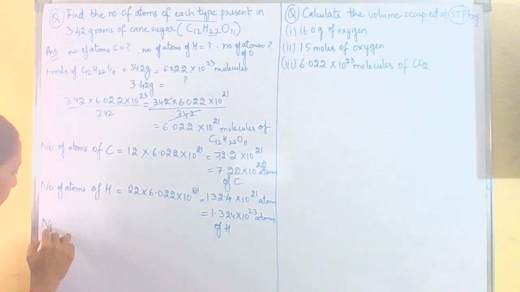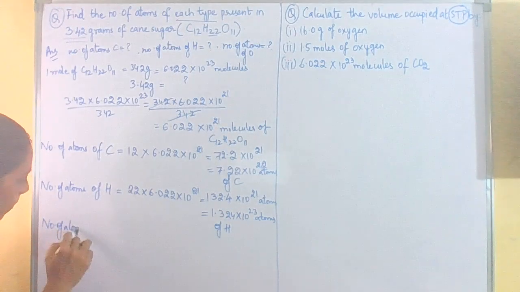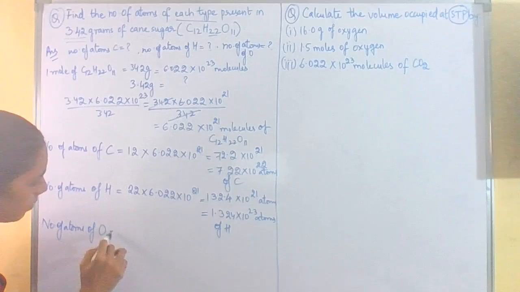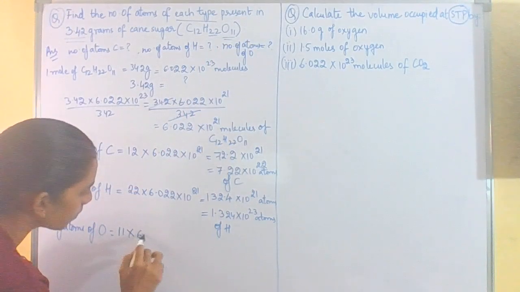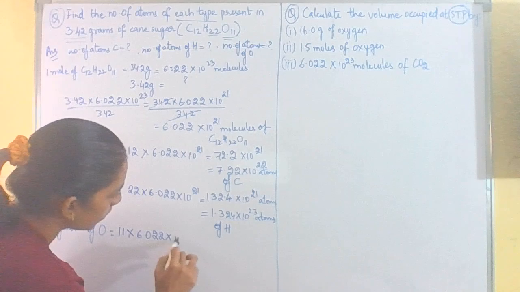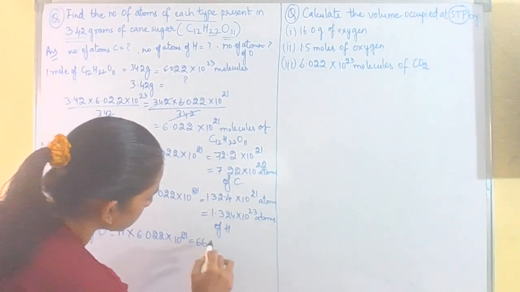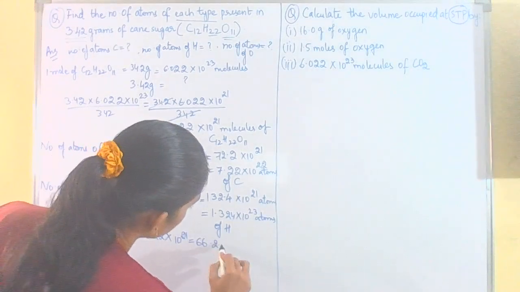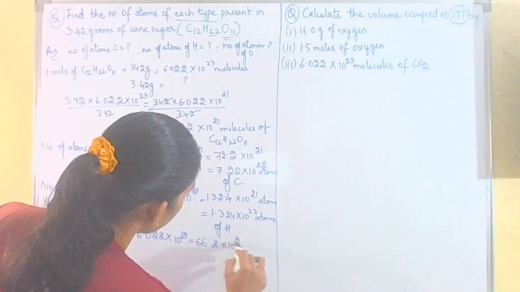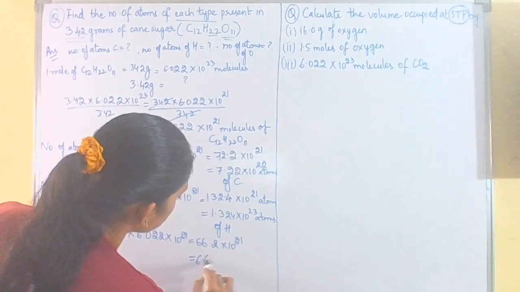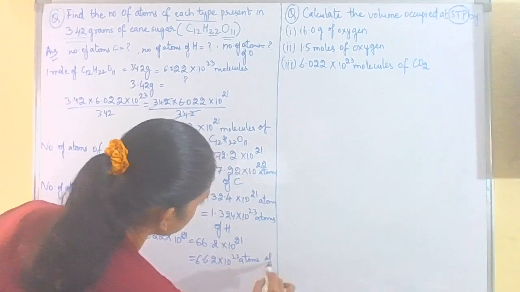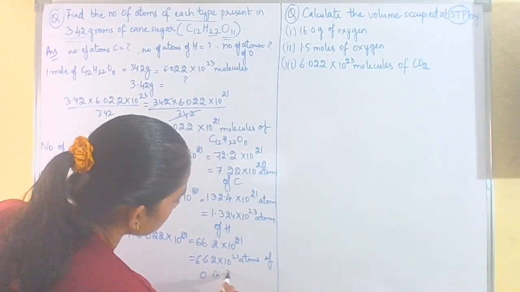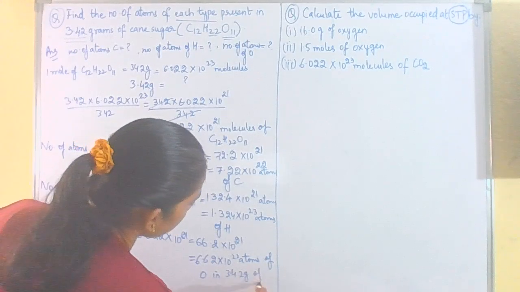Now number of atoms of oxygen. We have 11 atoms here of oxygen. So 11 into 6.022 into 10 to the power 21, which is equal to 66.2 into 10 to the power 21, which is equal to 6.62 into 10 to the power 22 atoms of oxygen is present in 3.42 grams of cane sugar. Okay.